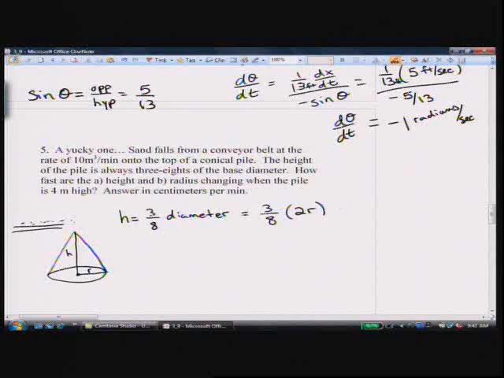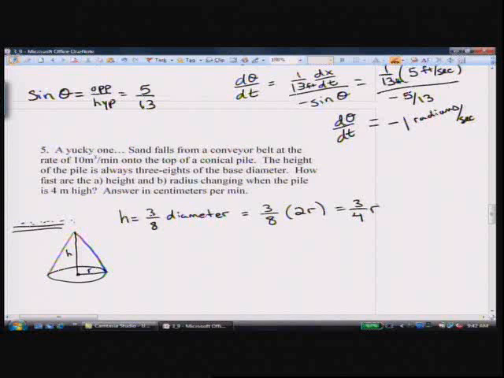So this is 3/4 r. That is a very good thing, because what I have done now is I have described h in terms of r. So if I come up with an equation that involves both r and h, I can replace h with how it's described in terms of r. Does that make sense?